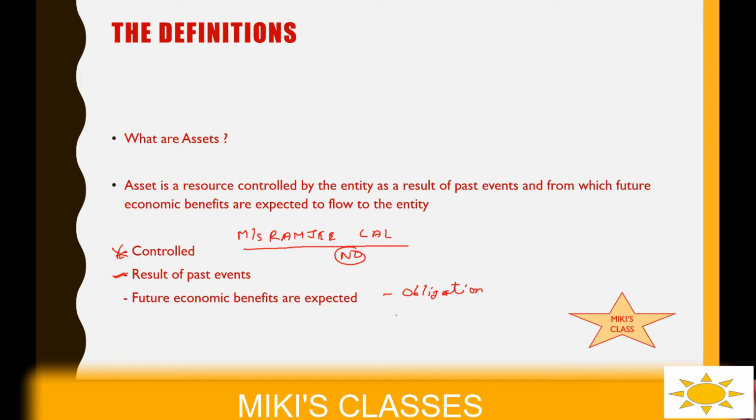No, because in fact, we have to make a payment. So Ramji Lal cannot be an asset. Actually, we should have just checked this point, and the moment we know it is not controlled or any of these is a no, this cannot fit the definition of an asset. So Ramji Lal is not an asset.